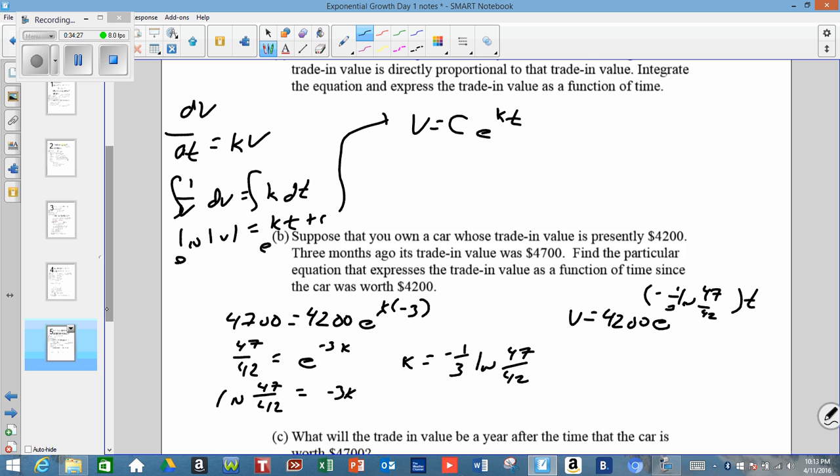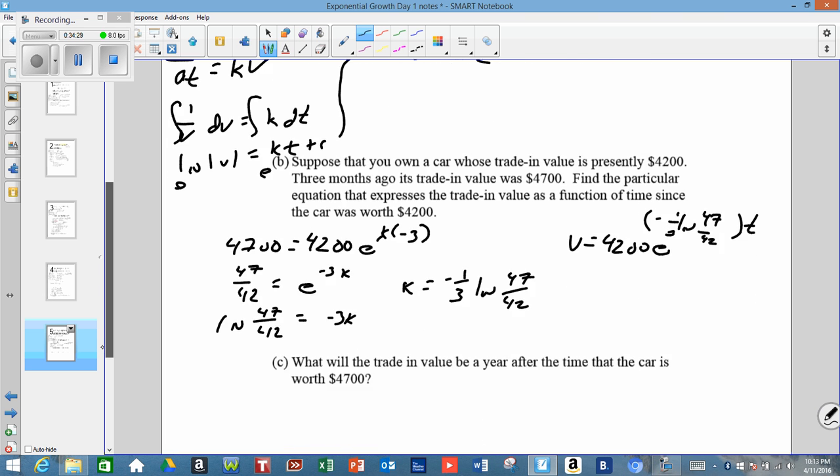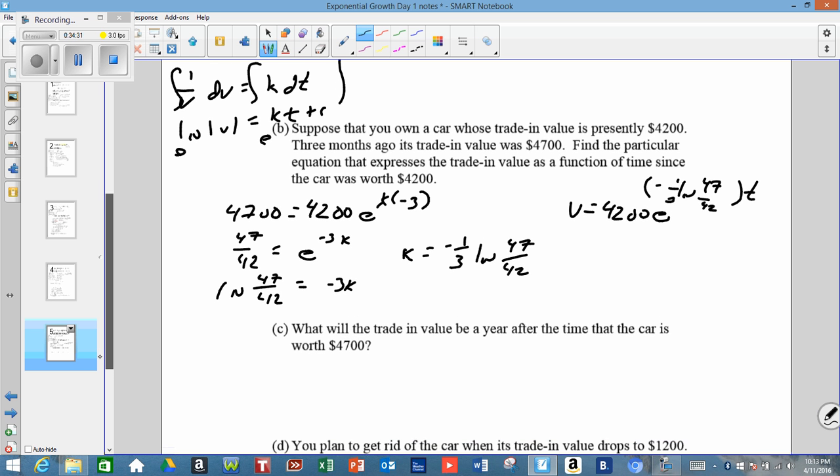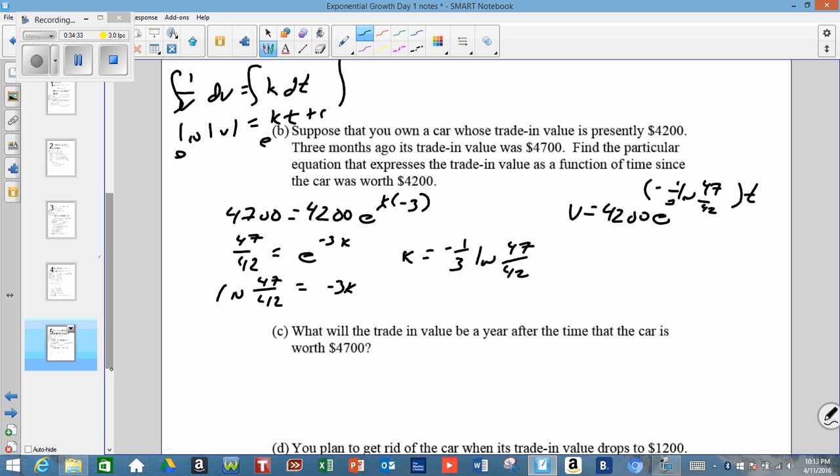Letter C, again, same idea. What will the trade-in value be a year after the time the car was 4,700? Let's, again, be careful. The time the car was 4,700 was 3 months ago. So now a year from that is really 9 months from the time it was 4,200. So it's 9 months from the current value. So we want to know what will the trade-in value be.